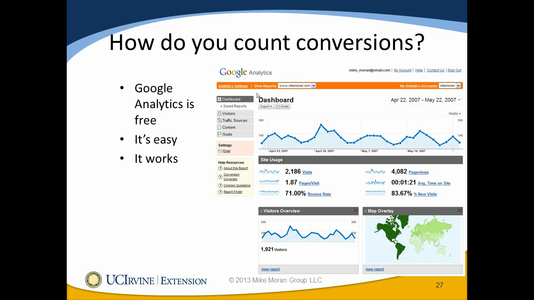And it can also show you how many people are converting if you've set up the conversions properly. And so this will give you all the information you need to do the math that I showed you on the previous pages.